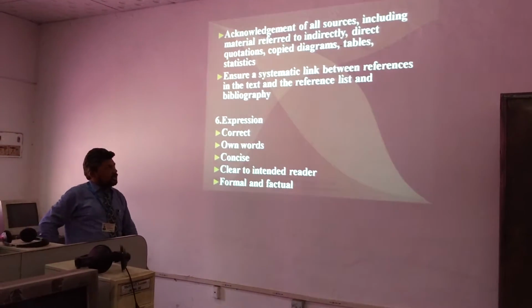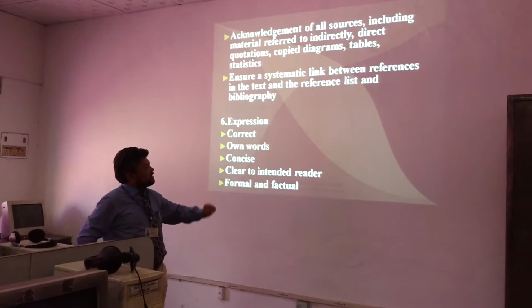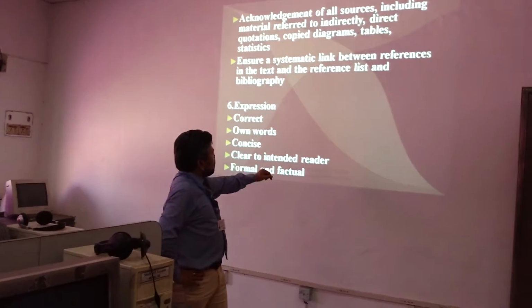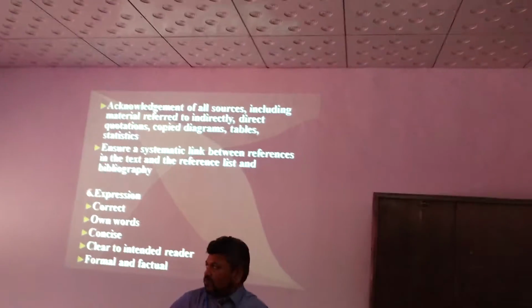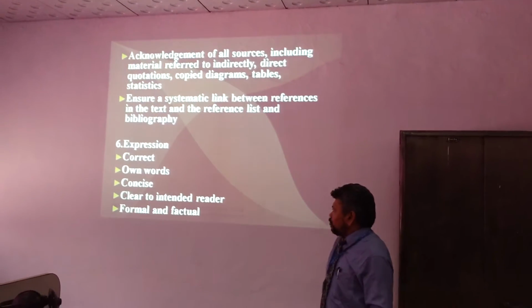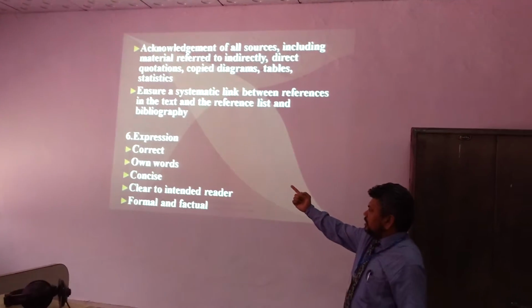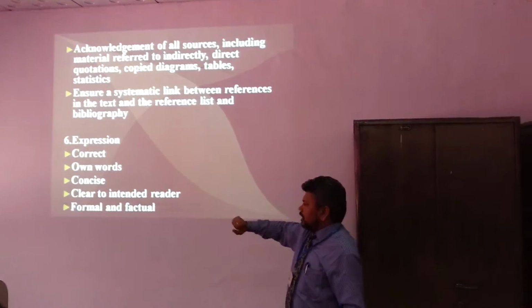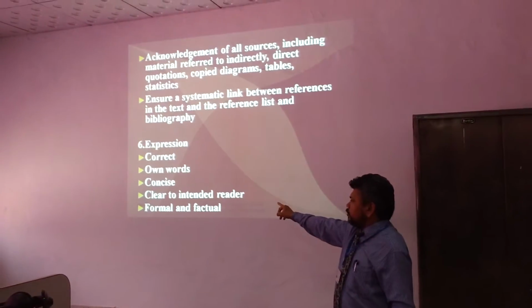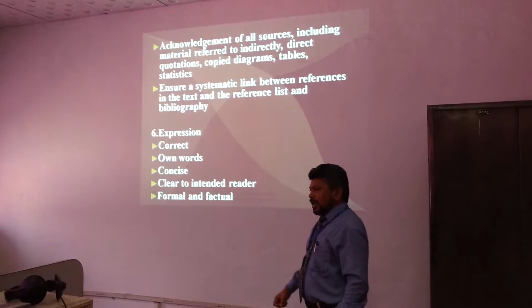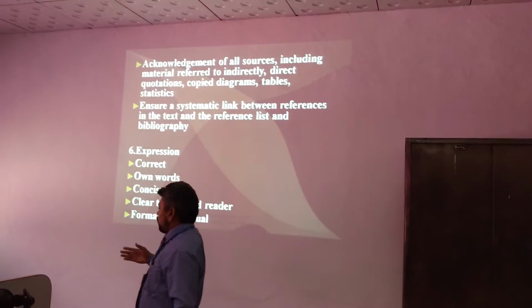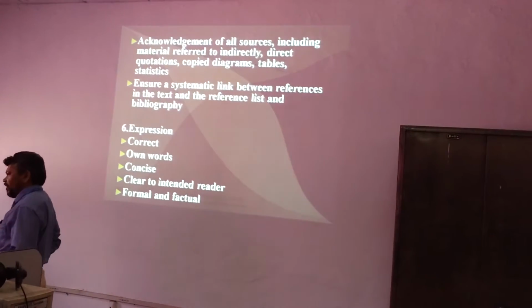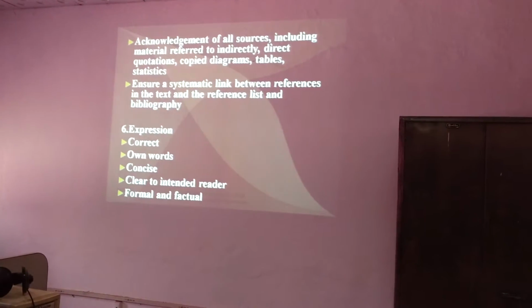Ensure a systematic link between references in the text and the reference list and bibliography. Furthermore, expression should be correct, in your own words, concise and clear to the intended reader. It must be formal in tone and factual, based on facts.